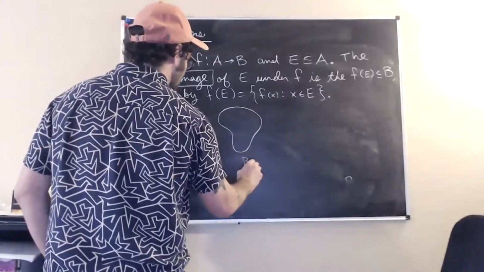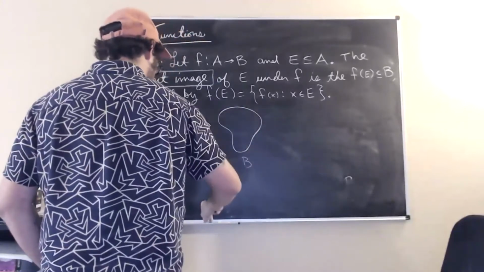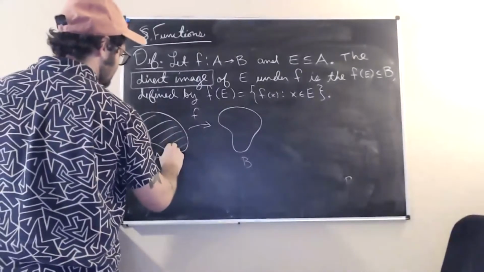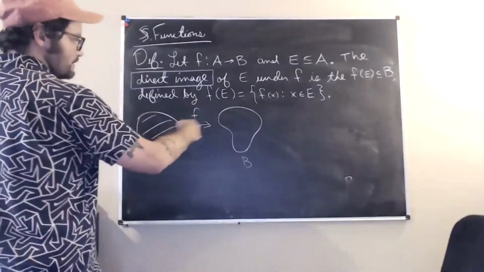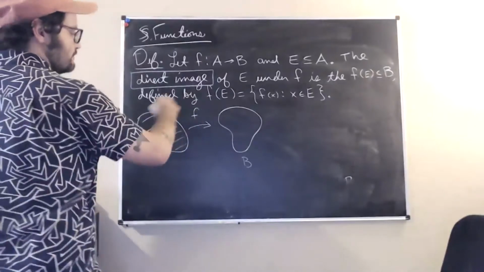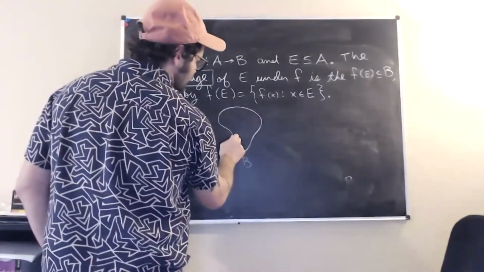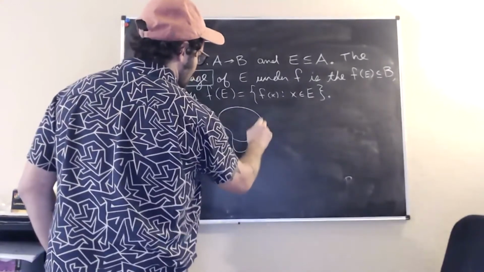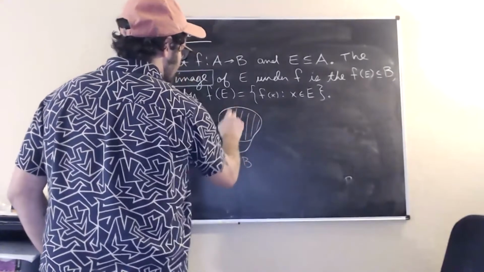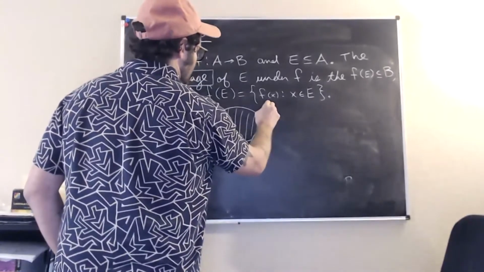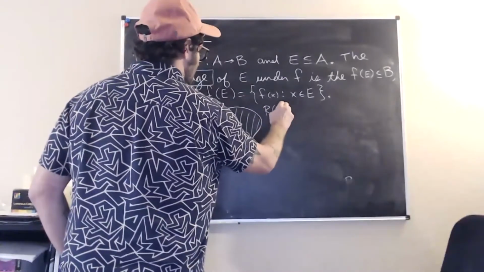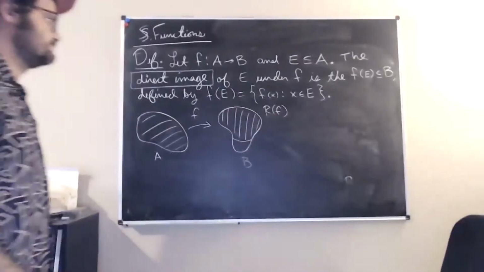Call this set B. If I pick some subset in here, well, there is an image of A. So the range of A is somewhere in here. Maybe it's like this. Let's say that this is the range right there.